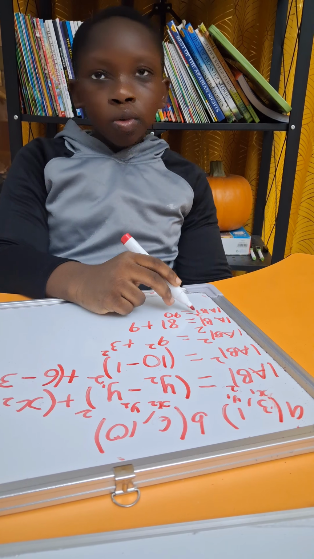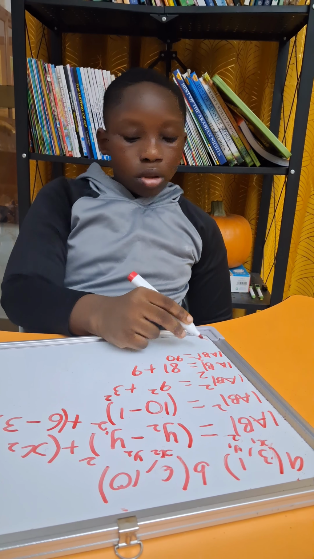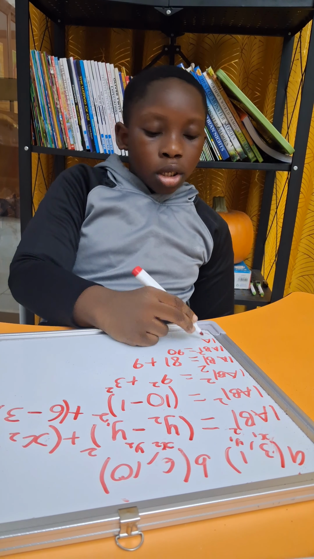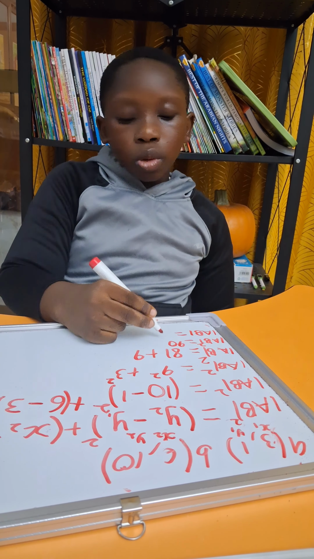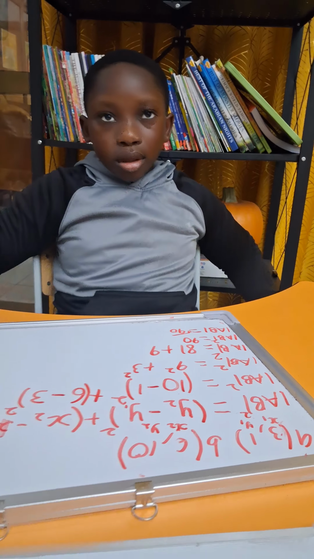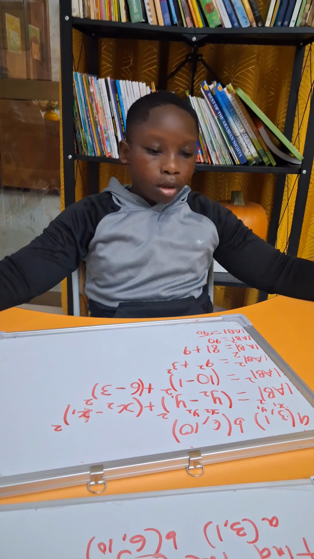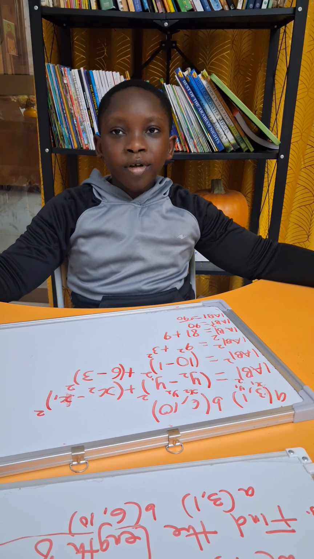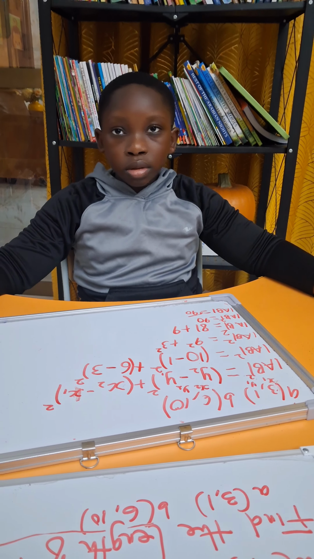But when this square goes to the other side, it becomes a square root, which means our answer is line AB is equal to the square root of 90. And which means that we have solved all 3 of our questions related to finding the gradient.